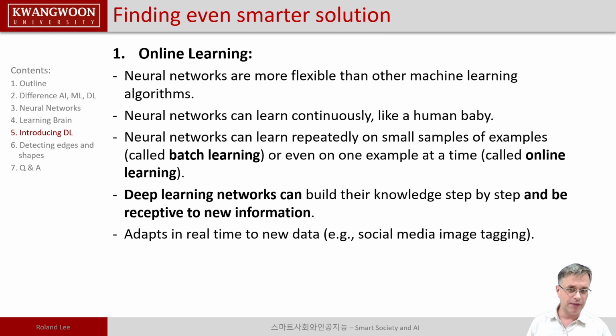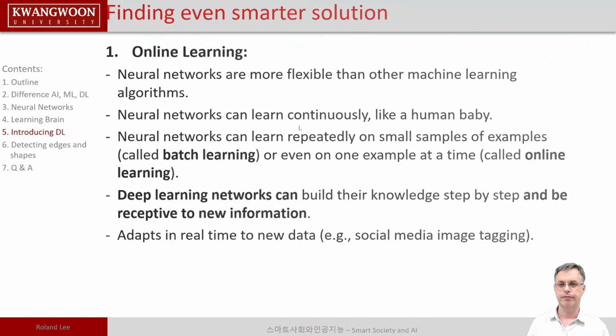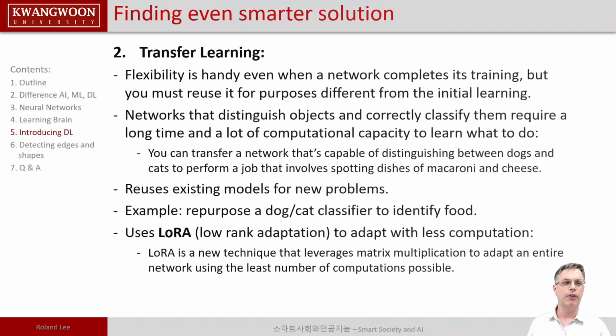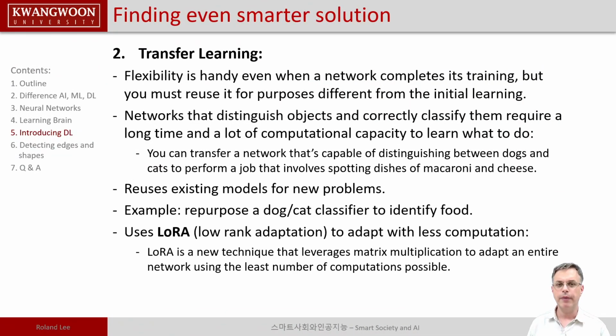For instance, a deep learning application on a social media website can be trained on cat images. As people post photos of cats, the application recognizes them and tags them with an appropriate label. When people start posting photos of dogs on the social network, the neural network doesn't need to restart training.